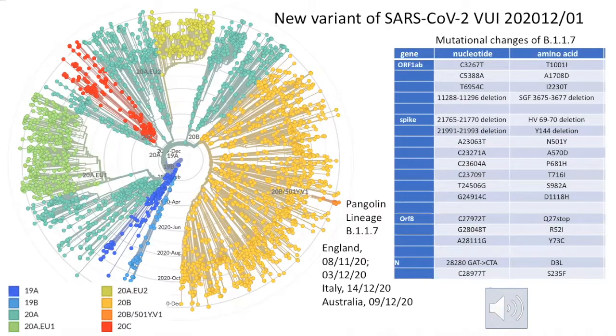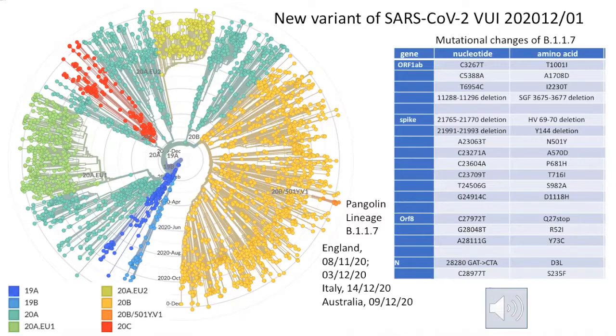But from then, the virus has grown, it's been introduced around the world, and that has generated the many other types of lineages that we see. Now in Britain, we find that most of these lineages belong to the clade 20A. That's where our greatest diversity of the different viral types exists.